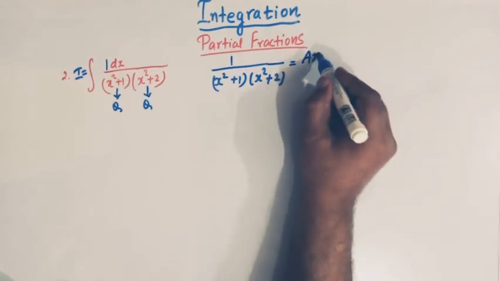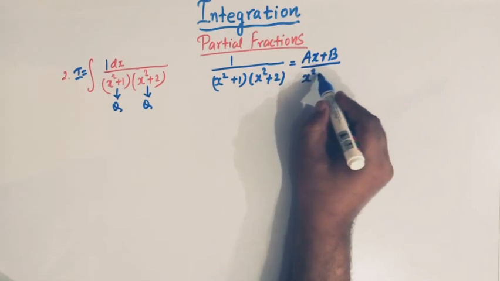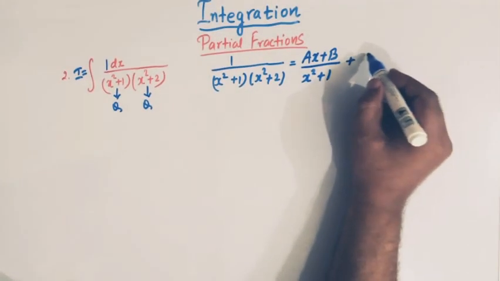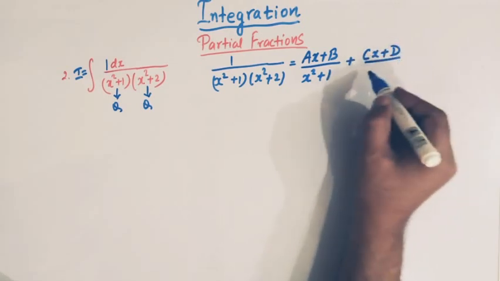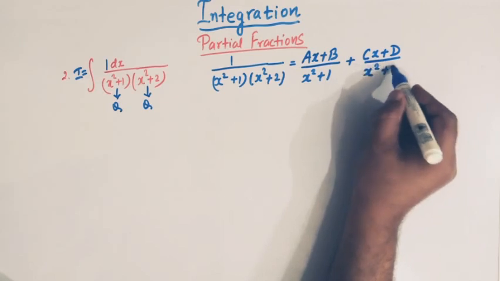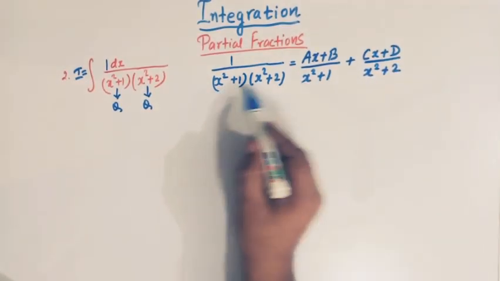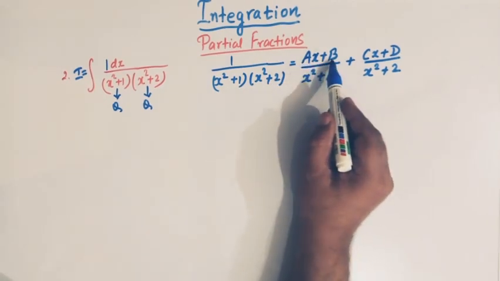So here we have ax plus b divided by x square plus 1, and then we have cx plus d divided by x square plus 2. This is a quadratic function, so the numerator must be of the form ax plus b.